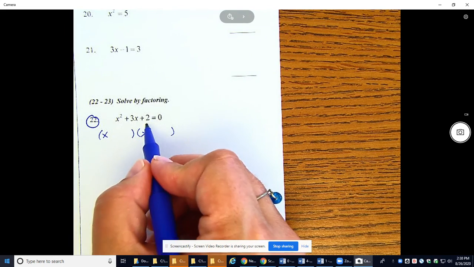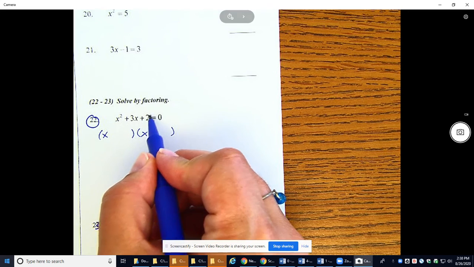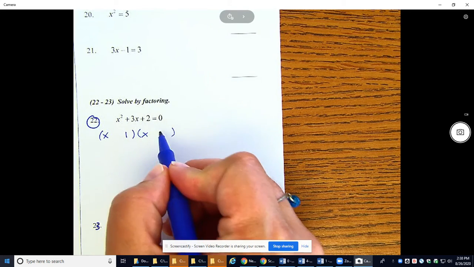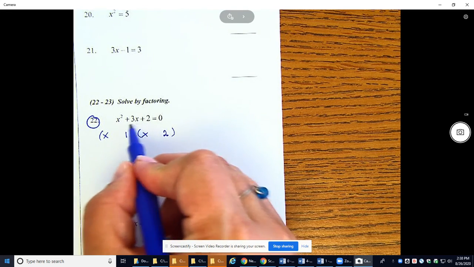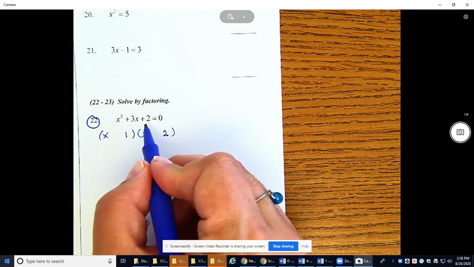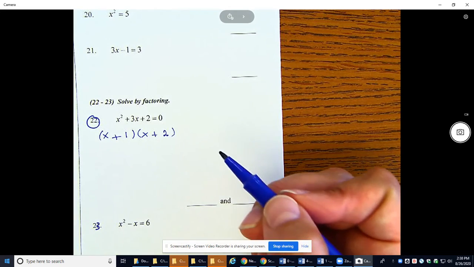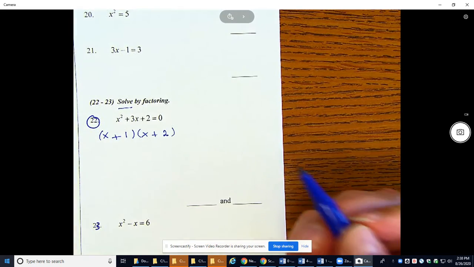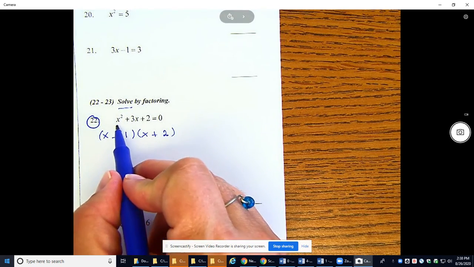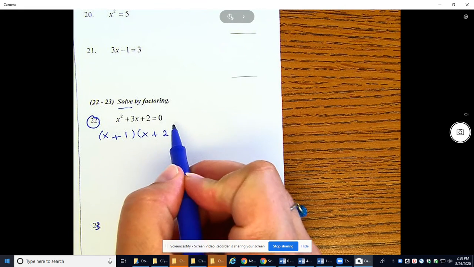So the only numbers that go into 2 are 1 and 2. And everything here has got to be positive because both of the signs have got to be positive. All right, so those are the two factors, but remember it says solve by factoring. So this whole equation, x squared plus 3x plus 2 equals 0.